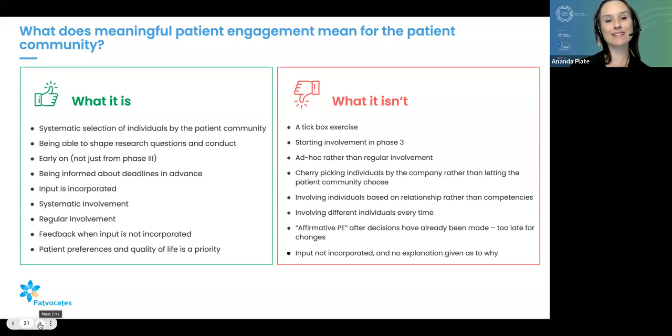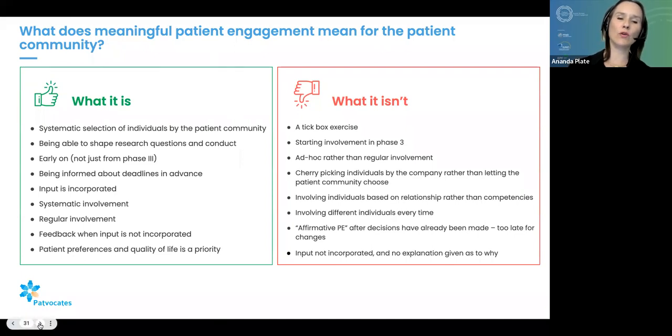And what it isn't is really a tick box exercise, which is something that we see very often, starting to involve patients in phase 3 when you know that the regulatory phase is coming nearer.